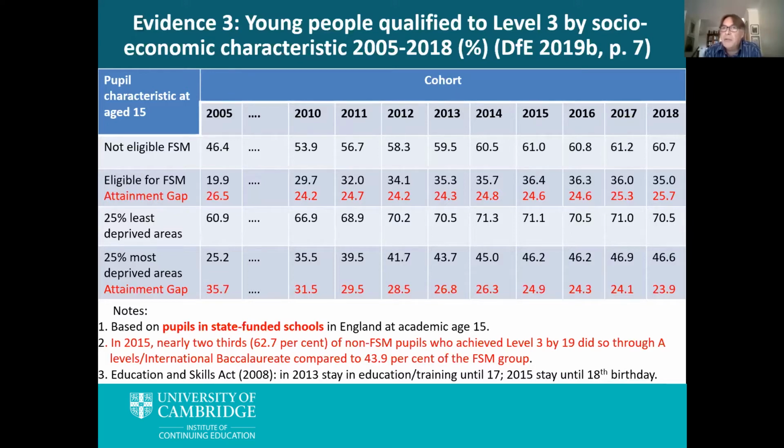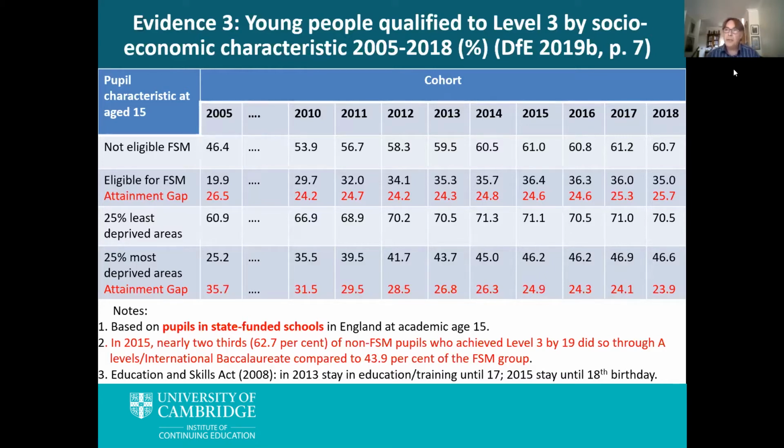And level 3 attainment is basically referring to attainment at A level or equivalent standard. And what I've actually done here is I've provided a summary for the data available running from 2005 to 2018.